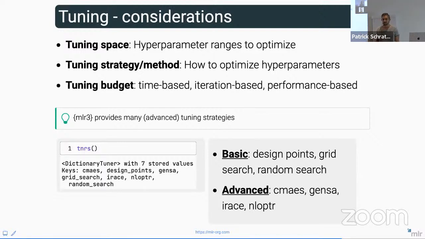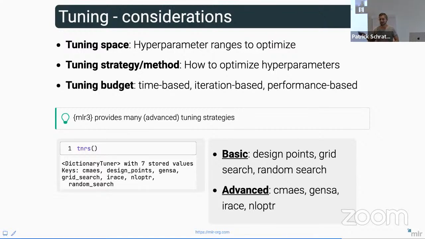There are different, very advanced methods to optimize this, starting from very basic ones like grid search and design points. That, for example, means you handpick the hyperparameters that you want to train by yourself. Grid search is that you define a grid of hyperparameters also by yourself. Random search is a bit more advanced. You just do a random selection within your tuning space.